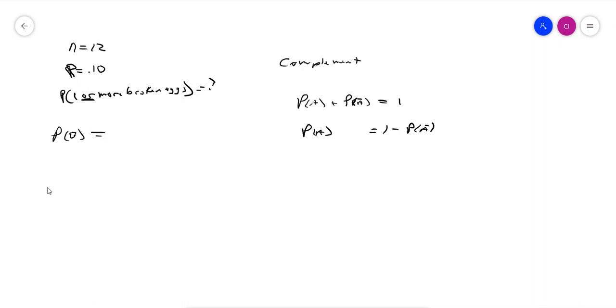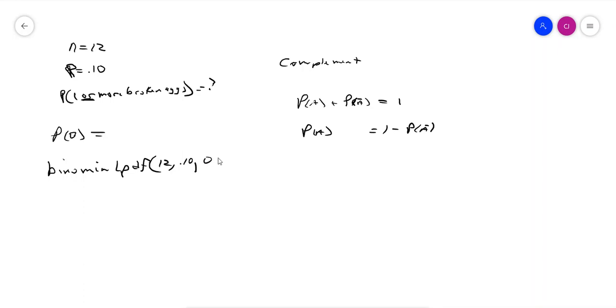Well, we use the binomial formula, right? That's binomial PDF. We have 12 eggs, and a 10% chance of any one being broken on any given single trial, right? So any given single egg being broken, 10% chance.